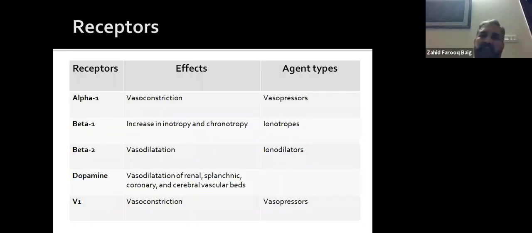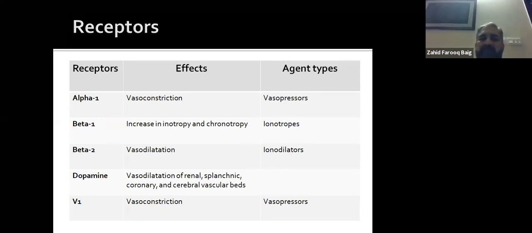The receptors are very important, and I'll give you a quick revision on these receptors. Alpha-1 receptors are present in the blood vessel walls, and their activation causes vasoconstriction. The agents which cause this effect on alpha-1 receptors are known as vasopressors. Then there are the beta-1 receptors.